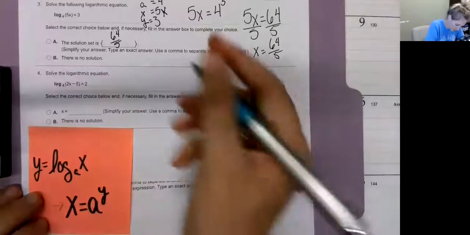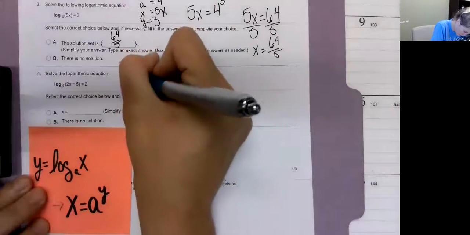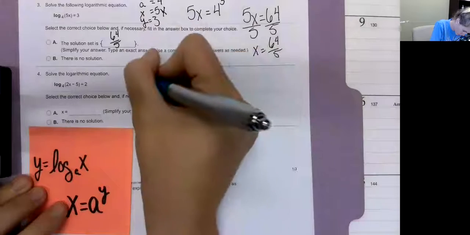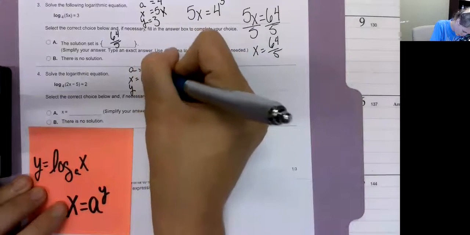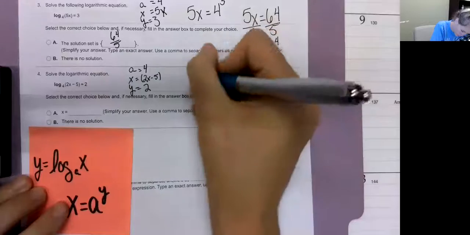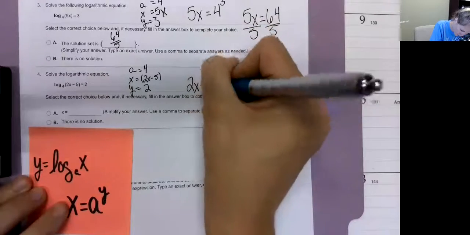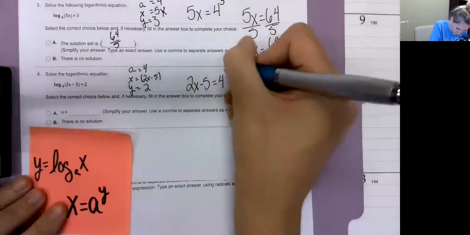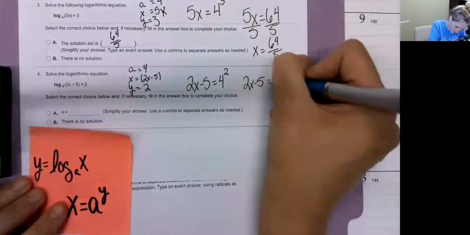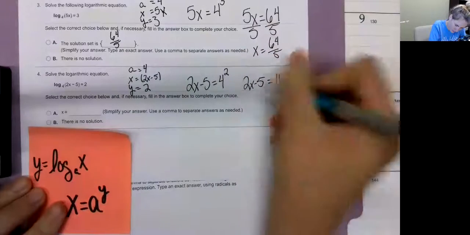Same thing here. So a^x = y. Our a is our base, which is 4. Our x is 2x subtract 5. And y is 2. So we have 2x subtract 5 equals 4 squared. So 2x subtract 5 equals 16.